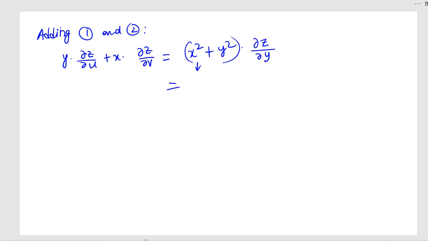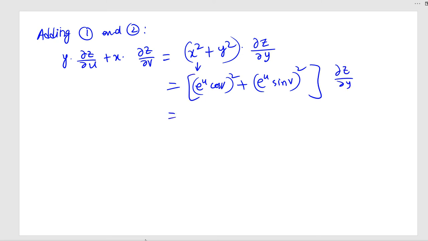So in place of this, you can write e to the power u cosine of v whole square plus e to the power u sine v whole square, times del z del y. So e to the power 2u, take common, cosine square v plus sine square v, times del z del y.